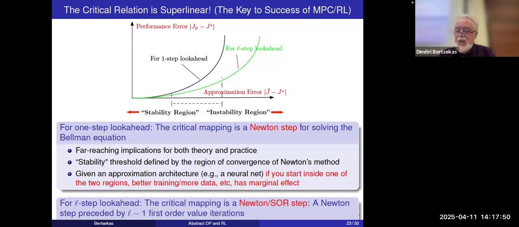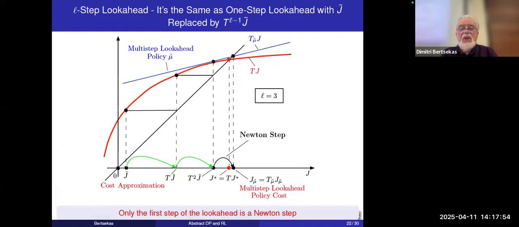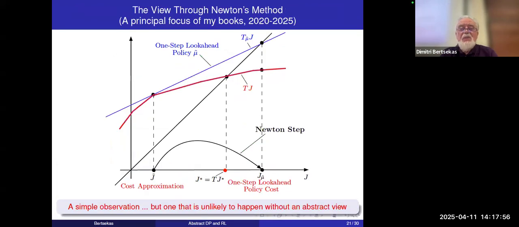In fact, if you look at the previous figure, here it's differentiable, but if you look at this figure, it's non-differentiable. In fact, it's piecewise linear. For a piecewise linear mapping, the Newton step is exact. There's no approximation if you start close enough to J star.